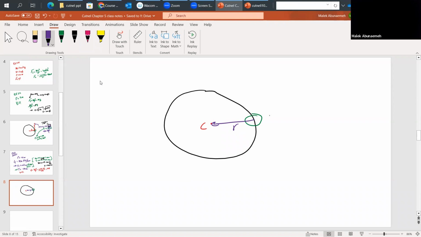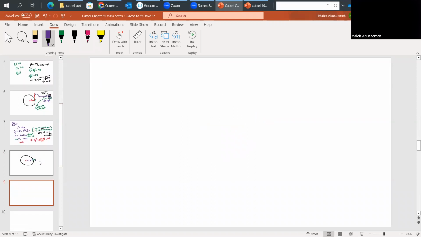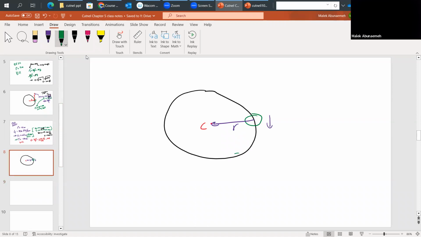Let's say it's going in this way, and the ball was over there, and it becomes right in this side over here. So you also got your radius, and that's your centripetal force.